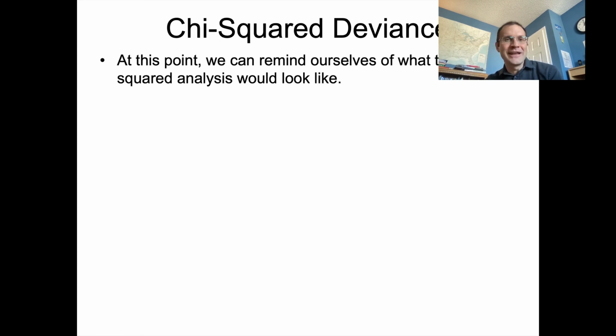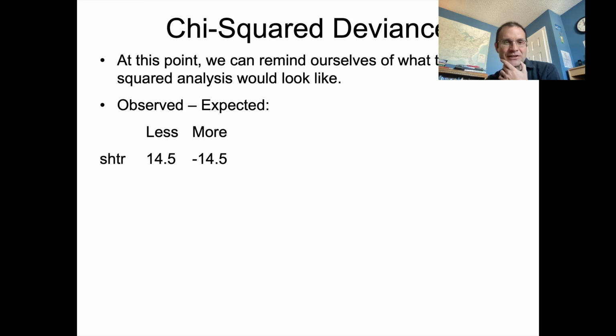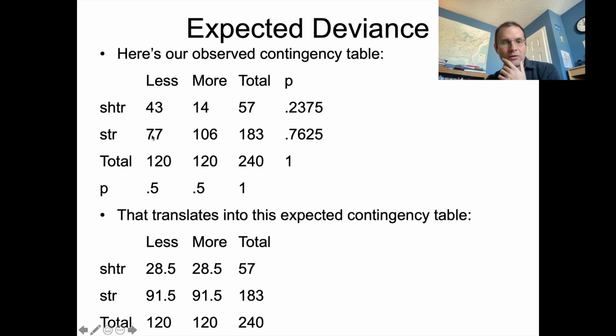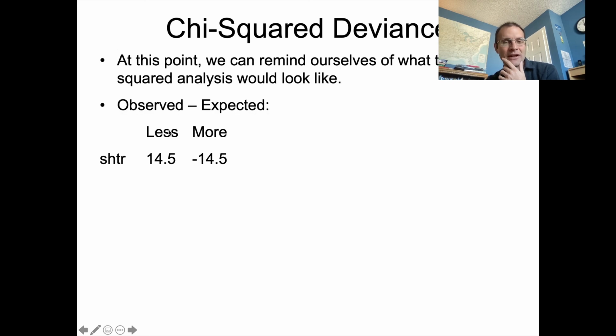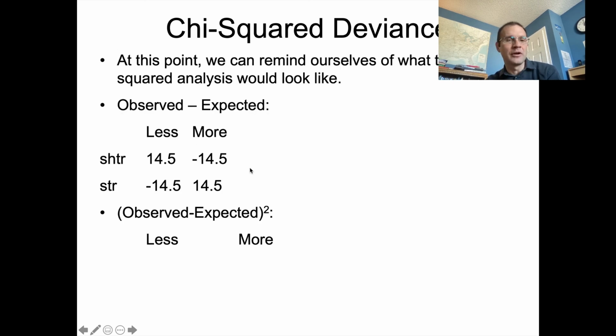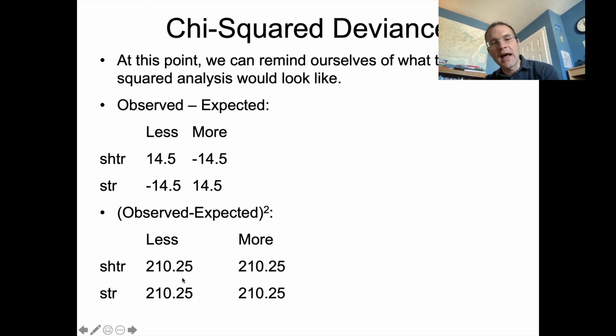All right. Anyways, at this point, we can take a look at what the chi-squared analysis would do. We've seen this before, and you start out with the observed minus expected. So 43 minus 28.5 is 14.5. 14 minus 28.5 is negative 14.5, and so on. You square all those and you get 210.25 in each cell.